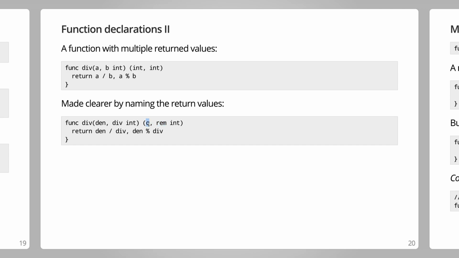So q then becomes associated with this division, and the modulus or the remainder gets associated with the rem variable. So you can use these also inside your function declaration here.